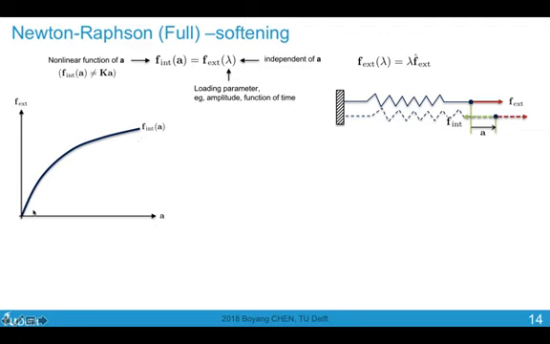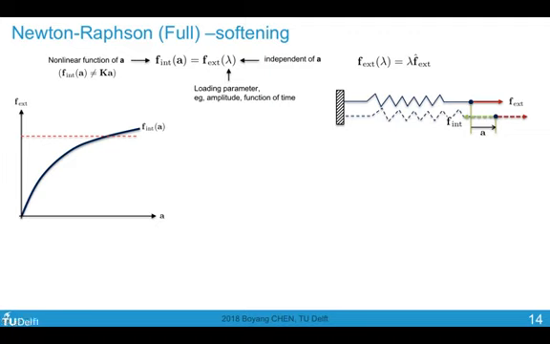So this is also the equilibrium path because the system is only in equilibrium when F external equals F internal. Let's say I want to apply a certain level of load. What I want to solve is to find the A. So I want to find the coordinates of this intersection in the x-axis.